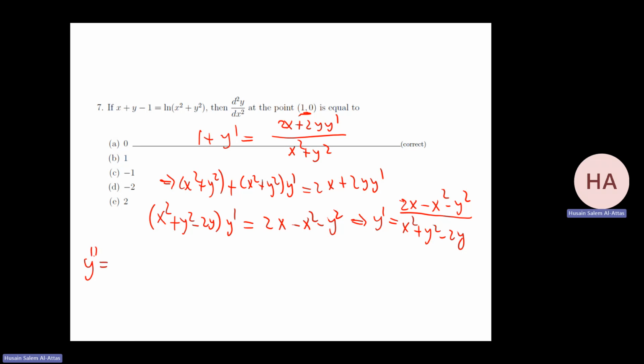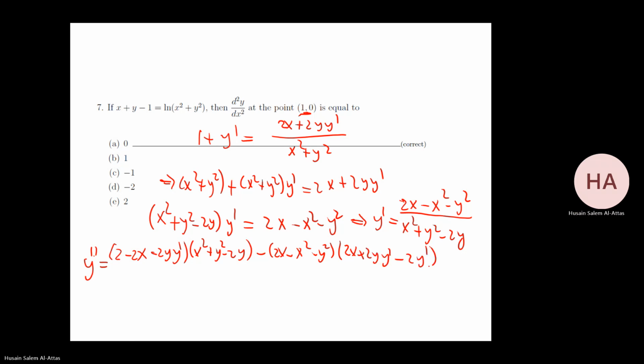Derivative of the numerator, 2 minus 2x minus 2y y', times the denominator, minus the numerator times the derivative of the denominator, over the denominator squared.